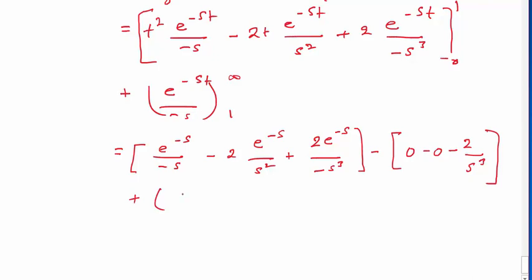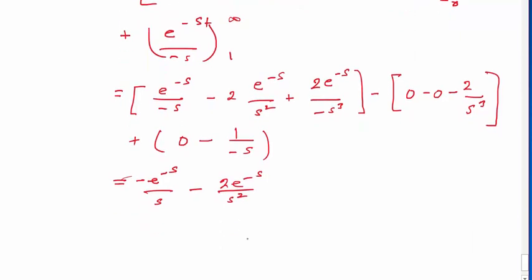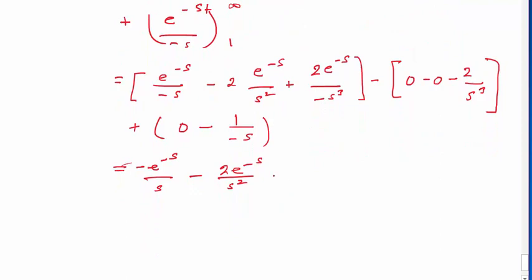Now e power infinity is 0, so 0 minus, but we say that 1 upon minus s is equal to, now e power, we open the bracket, so it is e power minus s minus we will put here, then it is minus 2 e power minus s upon s square, then it is minus 2 e power minus s upon s cube.